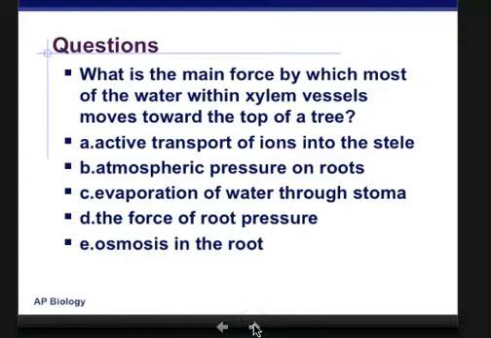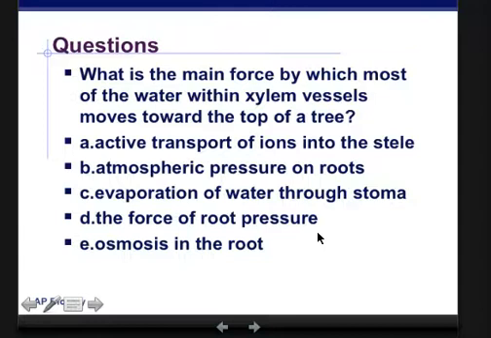Okay. What is the main force by which most of the water in xylem vessels moves toward the top of a tree? Active transport of ions into the stele, atmospheric pressure on roots, evaporation of water through stoma, the force of root pressure, or osmosis in the root. Pause here.